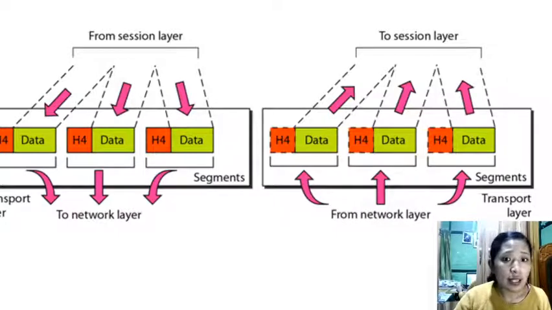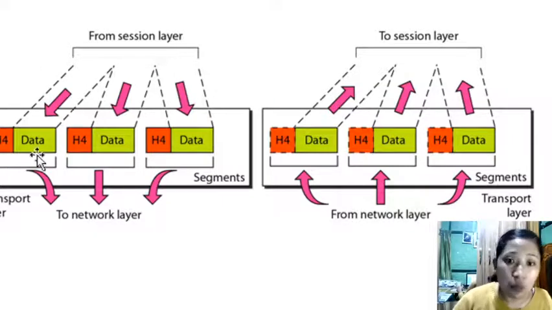Other than this, whatever the transport layer receives from the upper layer, the session layer, can be a very huge message, which may be difficult for the transport layer and the network layer to process. So it can be divided into many segments, or small chunks. Each segment is considered separately, and a different packet is formed for each segment.